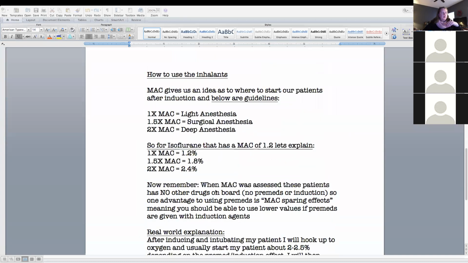So how do we use the agent? I started to explain this, but the literature will tell you at 1 times MAC, your patients will be at about stage 3 plane 1. If you want surgical anesthesia, you have to do 1.5 times that MAC value, and 2 times that MAC will give you deep.